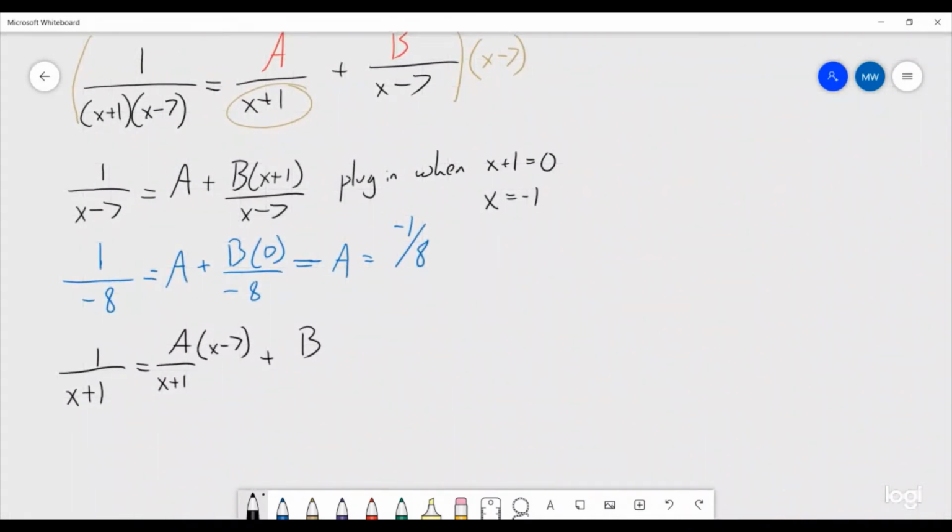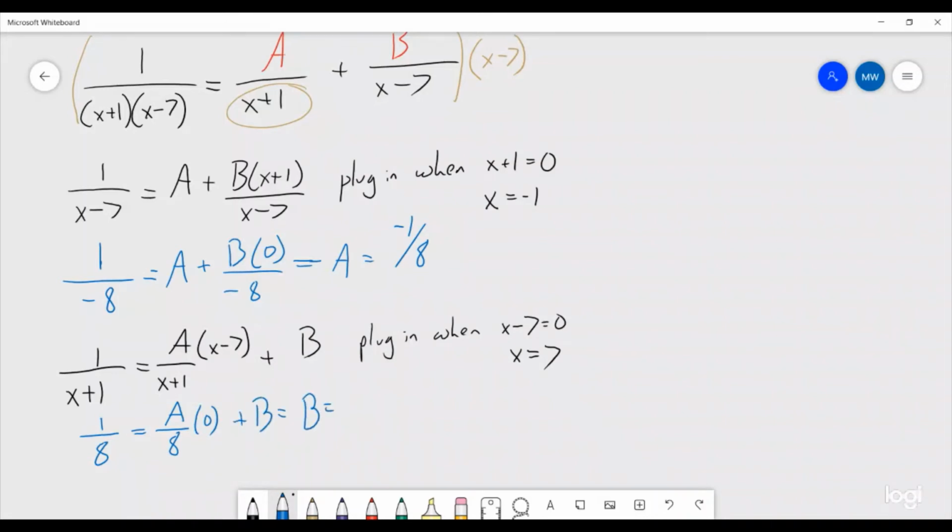And so then we would plug in when x minus 7 equals 0, or in other words, when x equals 7. So then we would get 1 over 7 plus 1, that's 8, equals a over 8 times 0 plus b. So this is just b, so b is positive 1/8, which is the same thing we found in the first case.